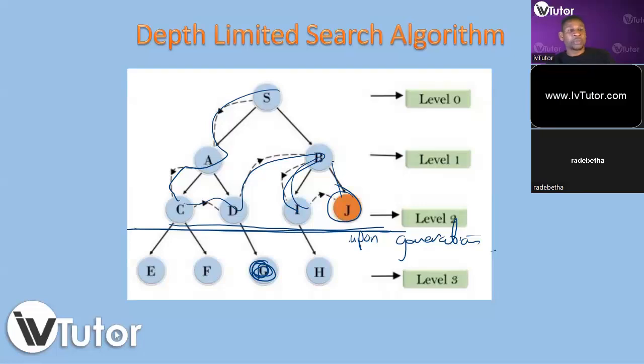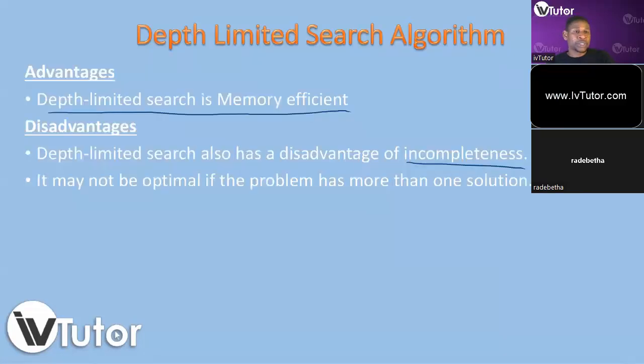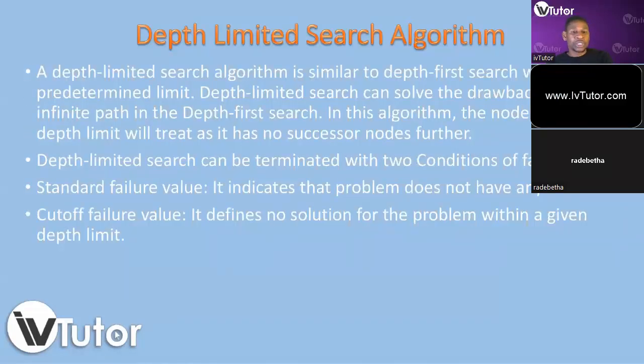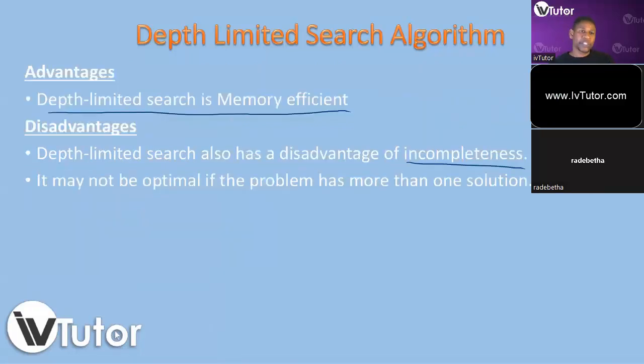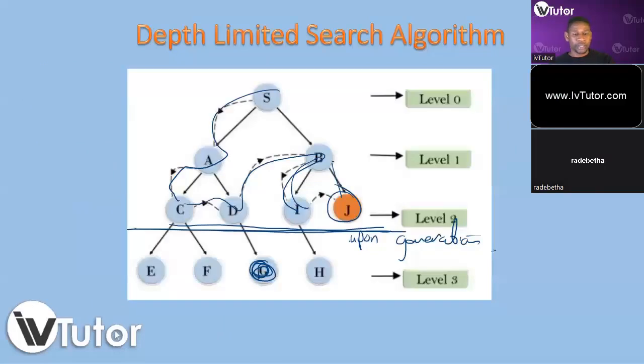Remember the 2 conditions for failure: the problem does not have a solution, or no solution within the given depth limit. So it will come back and present this as an output. Which means on this one, we give up easily. Yes, okay, I get it.